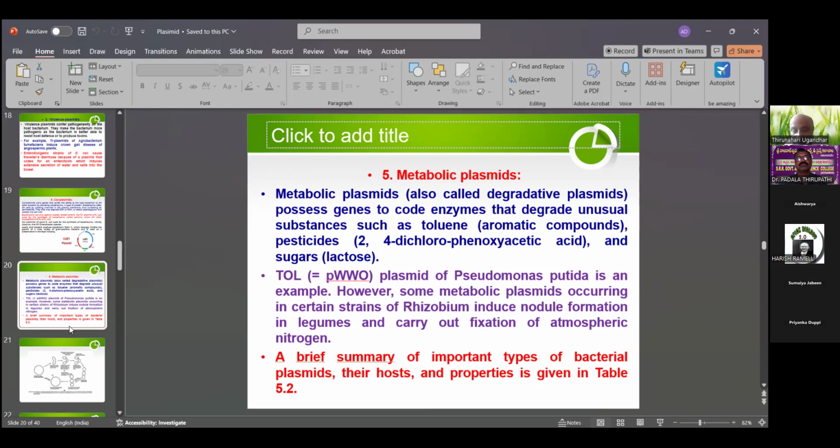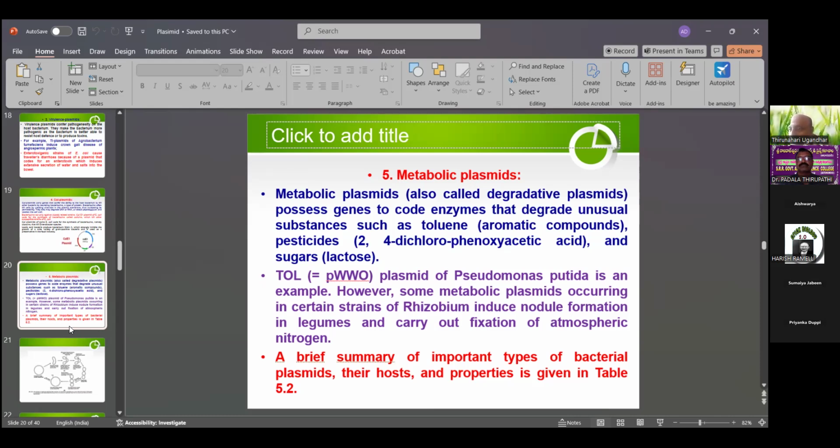That is an example. However, some metabolic plasmids occur in certain strains of Rhizobium and induce nodule formation. In Rhizobium, the metabolic activities lead to the formation of specialized cells, specialized nodes, that is, root nodules.